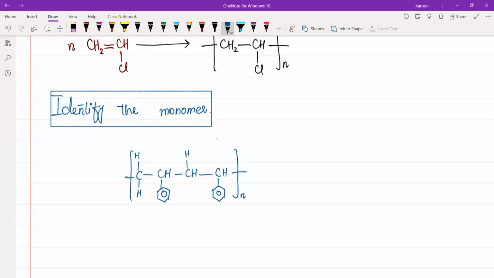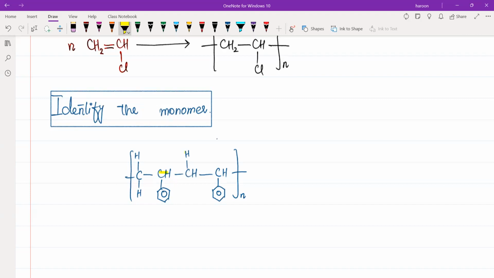It would be like where you split it in half and one side of it is the monomer. Sorry? The C and the CH, and then after the CH, that one unit is the monomer.